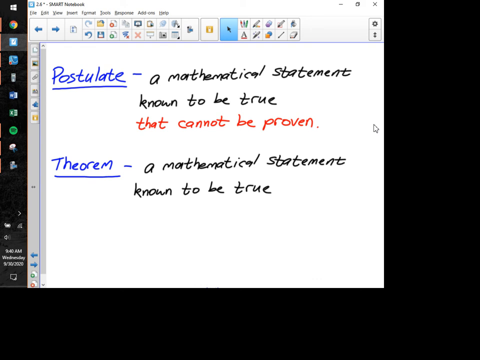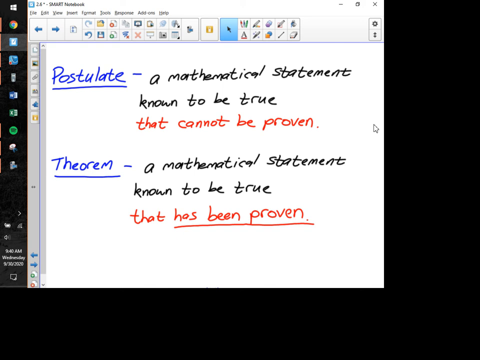A theorem is, again, a mathematical statement known to be true, but the difference here now is that a theorem has been proven. That's the difference right there, okay? That someone has taken the time. We'll go ahead and underline all that. Somebody has taken the time to say, I know this is true, and here's how I know it, and it works in every single case that satisfies the hypothesis of that theorem.